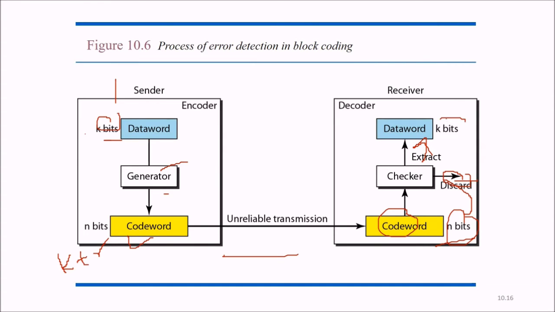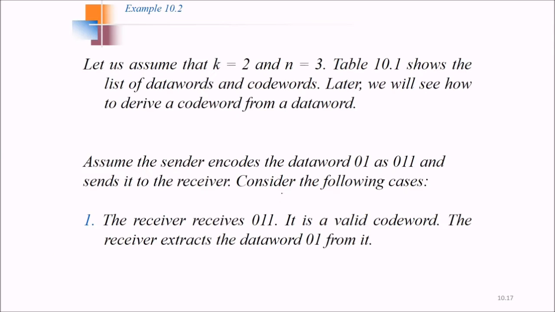And the data word will remain as k bits because we are only interested in k. Whatever you add as r is at your disposal, it's your concern, not my concern. My concern is only that if I send k bits, I have to receive the k bits properly. You add r, you try to check it, that is very good. That is what we are looking for.